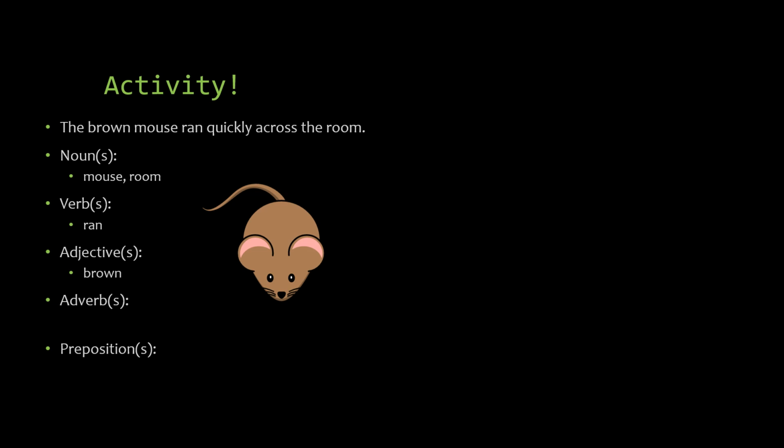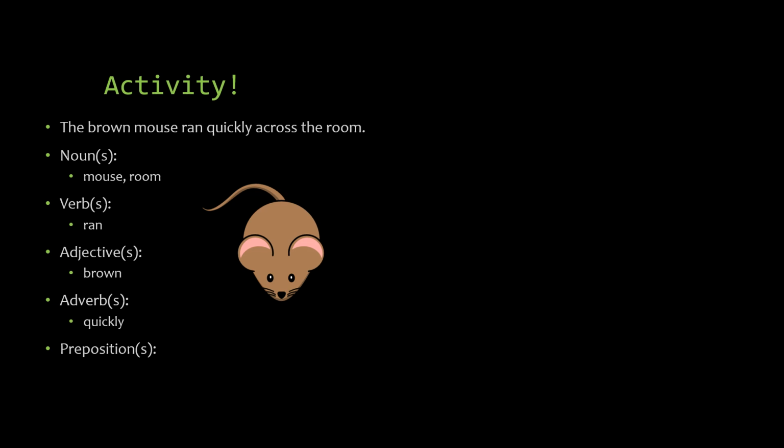But if we're using the color green to describe Kermit the Frog, then it becomes an adjective. Same thing here with brown. If we're just talking about the color brown, the color of coffee, the color of leather, whatever it is, then we're talking about it as a noun. But if we're using it here to describe the color of a mouse, then it becomes an adjective. So again, it all depends on how it works in the sentence.